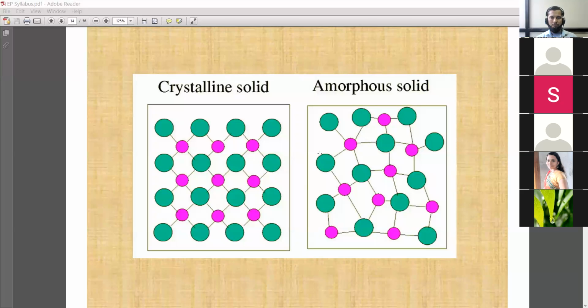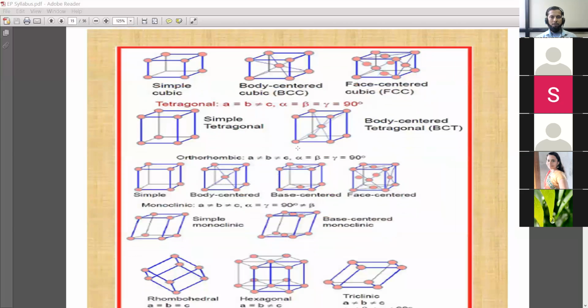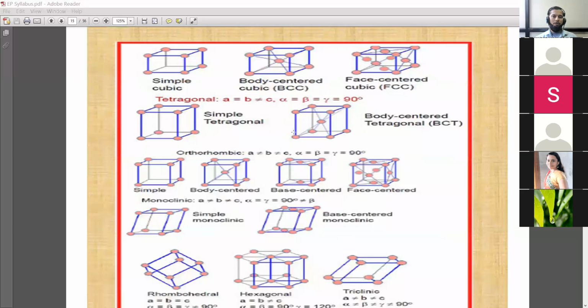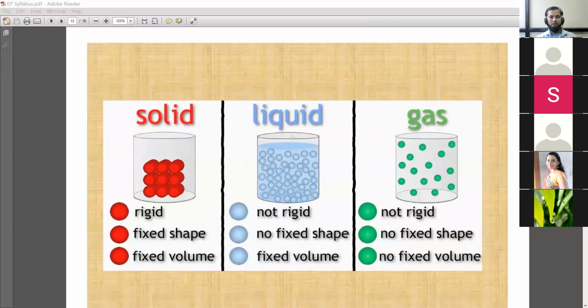From the figure you can easily understand the difference. Next, these crystalline materials are further divided into 7 types, that is called the 7 systems of crystal, and those 7 systems of crystal are further divided into 14 types, which are called Bravais lattices.